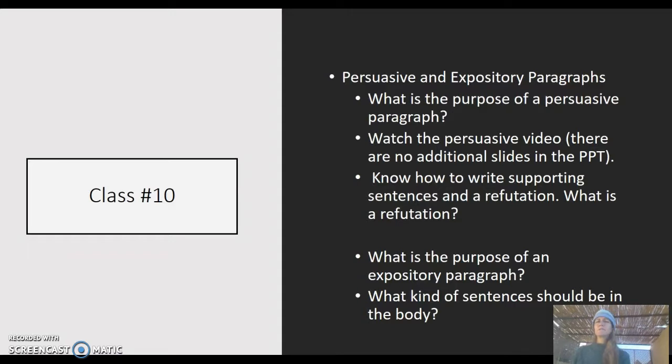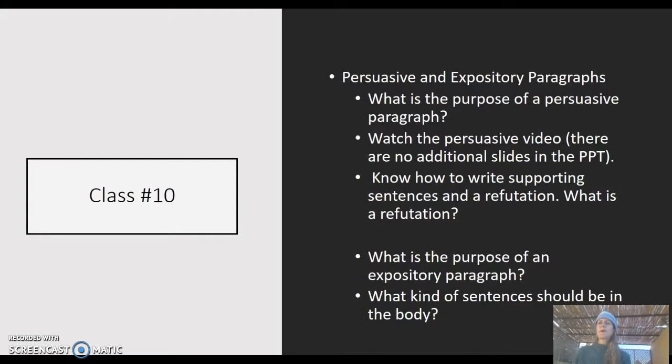So make sure that you understand how to make differences in the body of your paragraph to achieve the paragraph's purpose. So if you are talking about a persuasive paragraph, I strongly suggest that you watch the persuasive video that is in PowerPoint number 10. There are not additional slides, but the video really outlines a persuasive paragraph well, and it will be important to know what a refutation is.